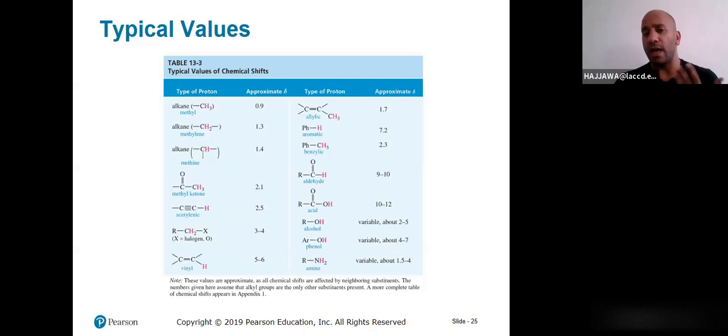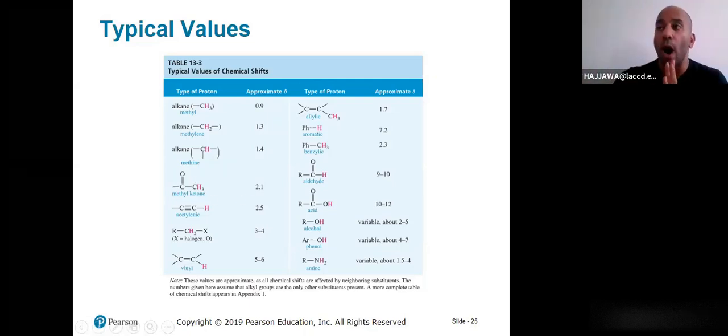So let me just take an example. If I have a methyl attached to another carbon that has nothing on it other than a bunch of hydrogens, then you're going to see it reading around 0.9. Look at the difference. If I have this methyl attached to a carbonyl, look at the shift. It's 2.1.